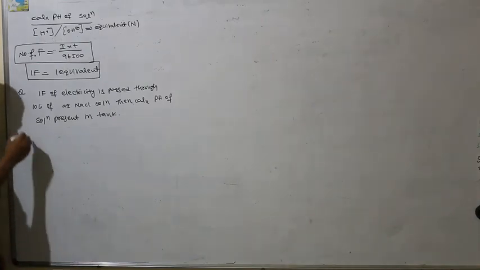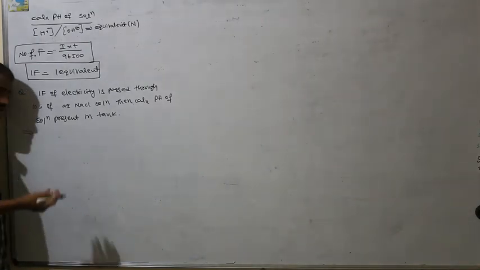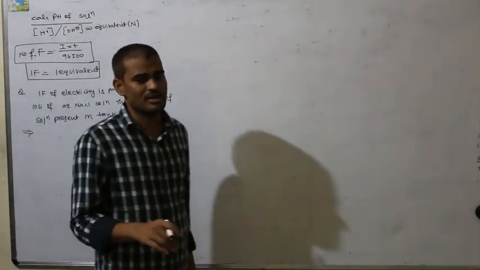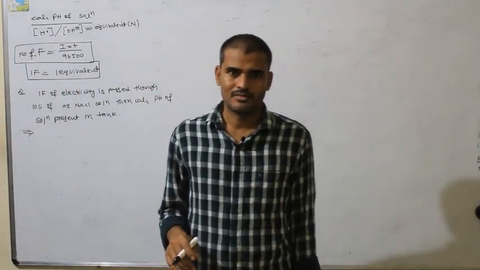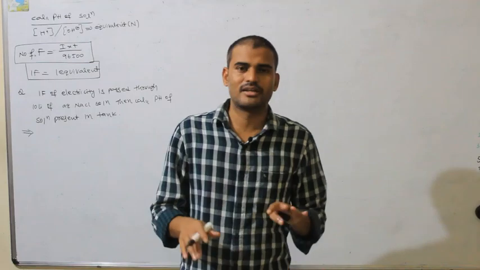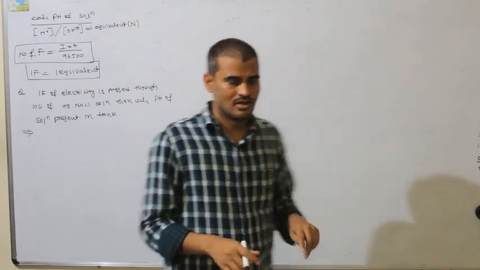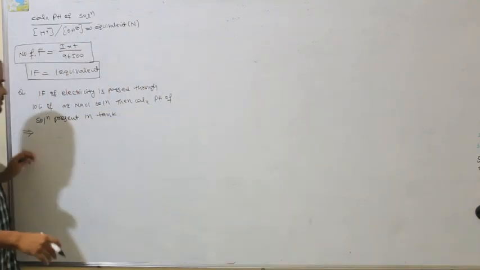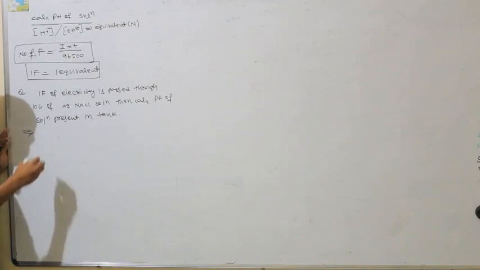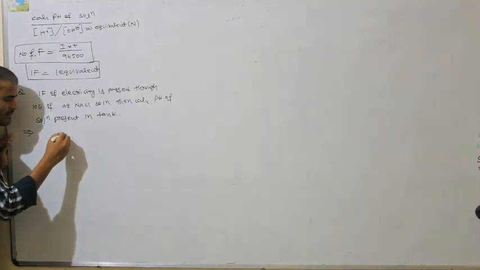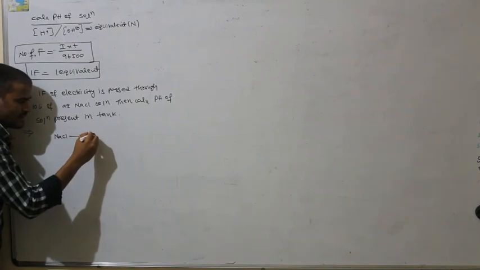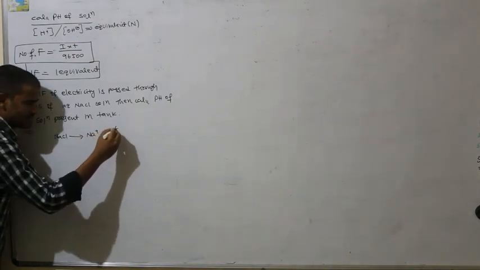So now here, what you are supposed to do, first of all, is identify the electrolysis products: what is removed, and what is going to remain in the electrolysis tank. Aqueous sodium chloride solution electrolysis means sodium chloride will give Na plus and Cl minus.